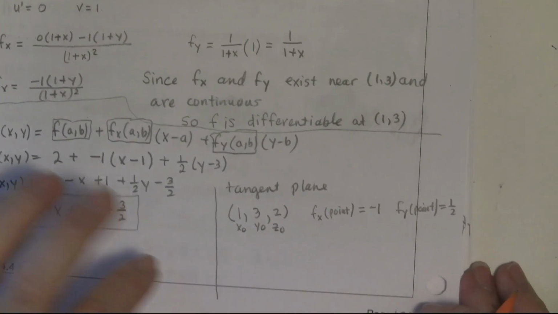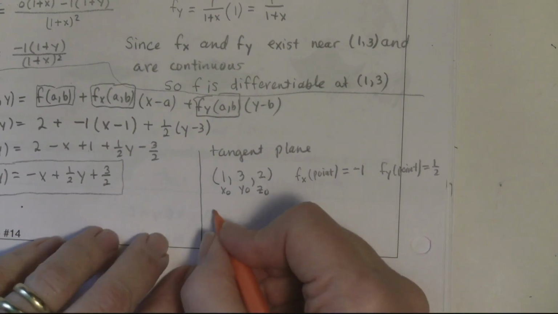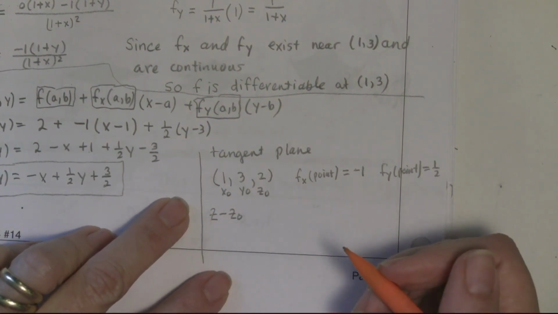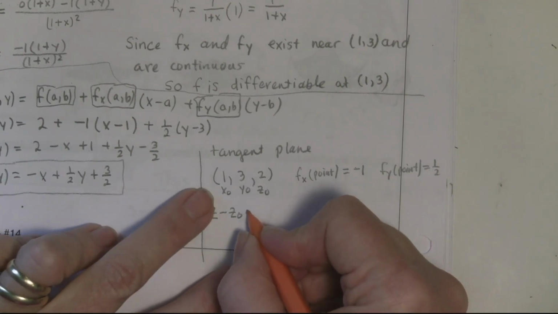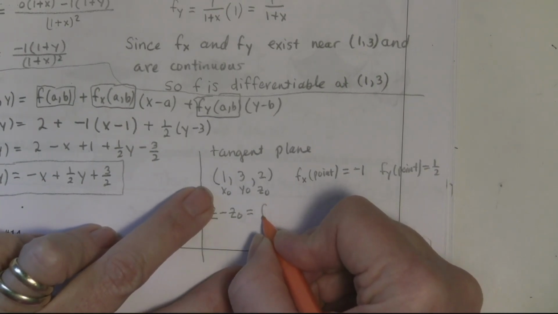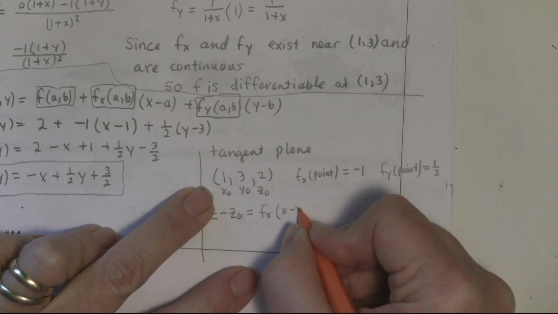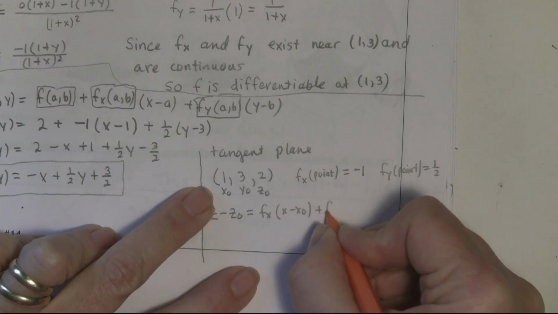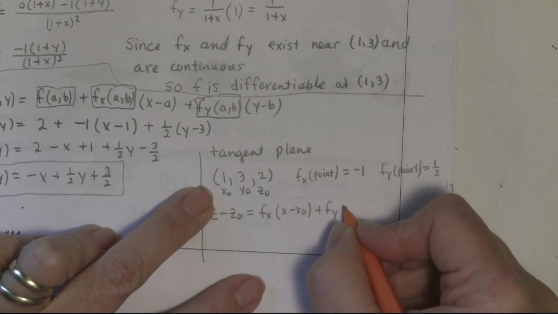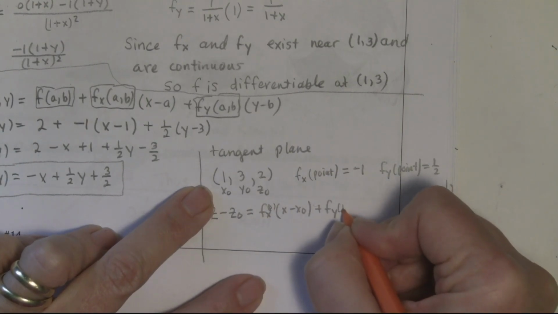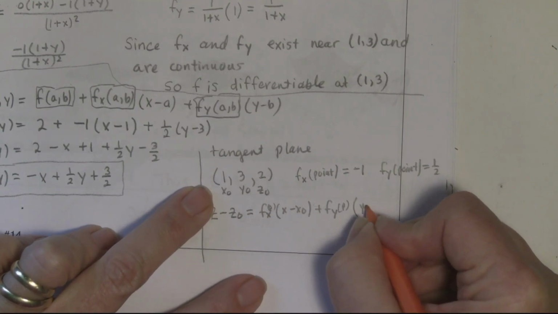And then the formula that they gave us was this: z minus z naught equals the partial at the point times x minus x naught, plus the partial evaluated at the point. I'm not going to write the point in here, I'll put at p. And then y minus y naught.